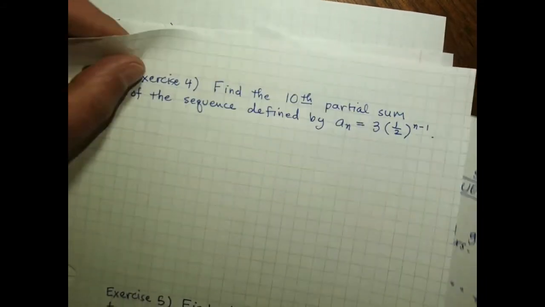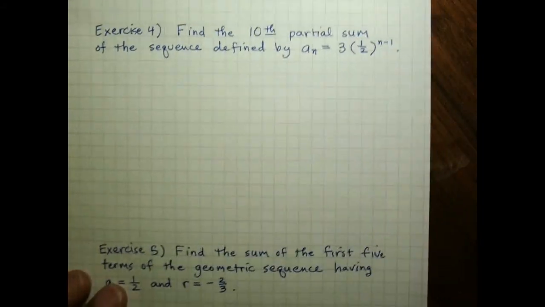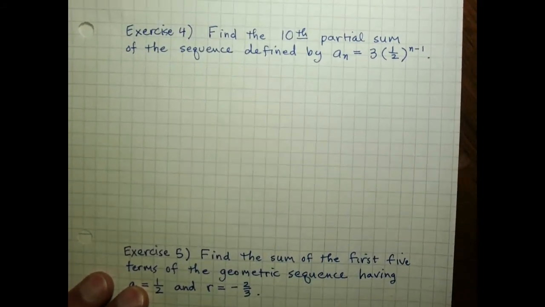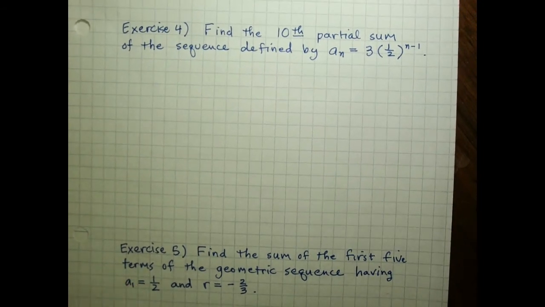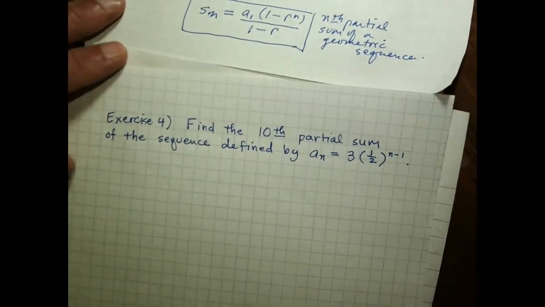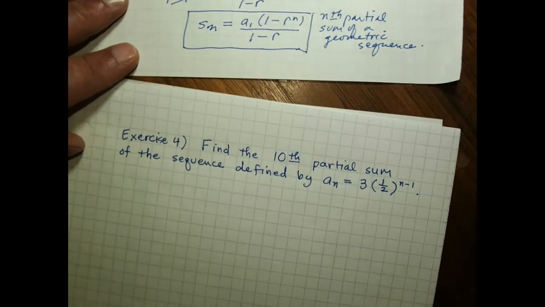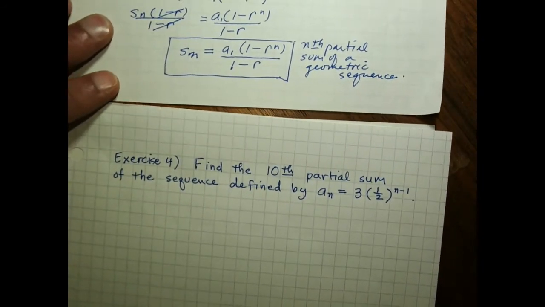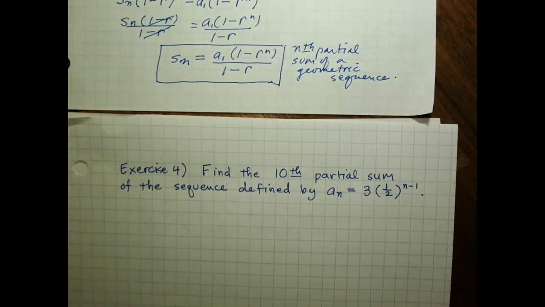And let's go ahead and do an exercise here, exercise 4, where we're going to find the 10th partial sum of the sequence defined by a_n equals 3 times 1/2 to the n minus 1.